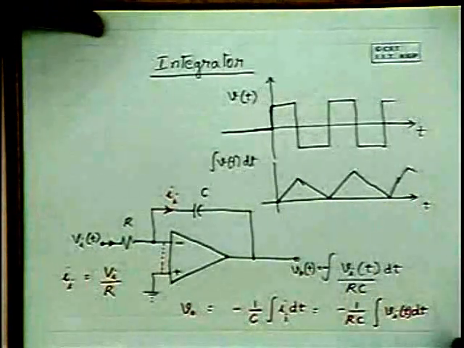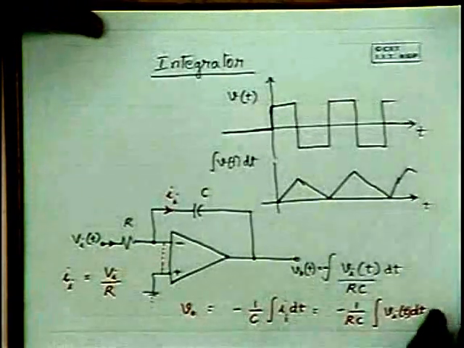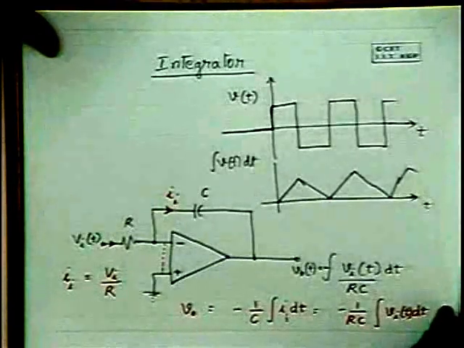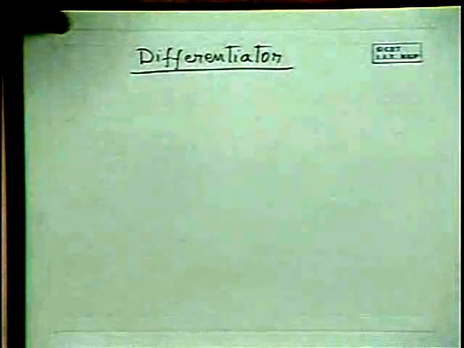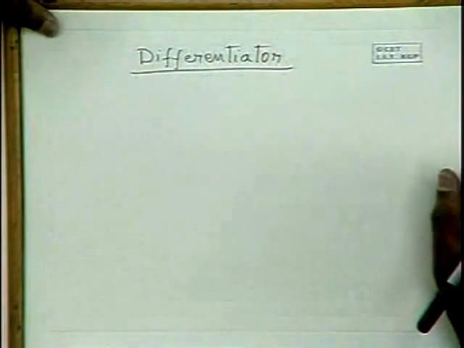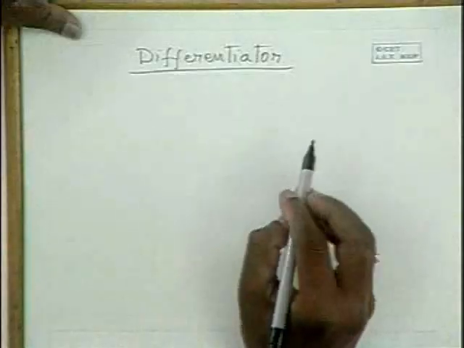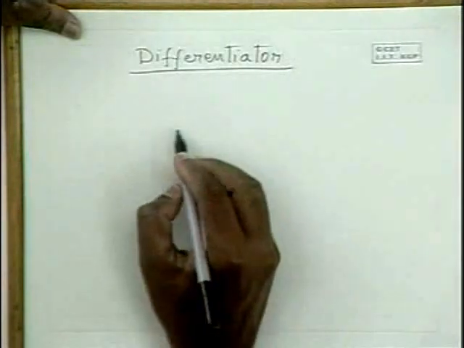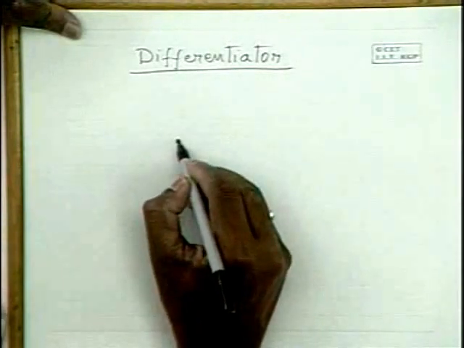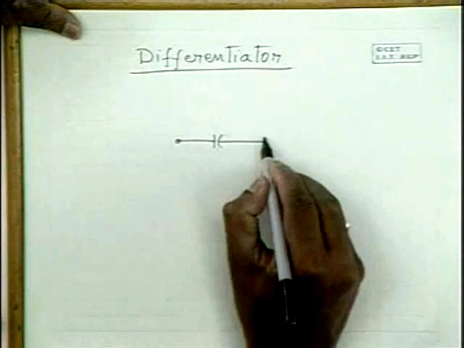Please note that if you apply a speech signal to a differentiator, it gives you a differentiated version of the speech. I'm sure it would be interesting to listen to that. Now, a circuit which does the differentiation is as given here.